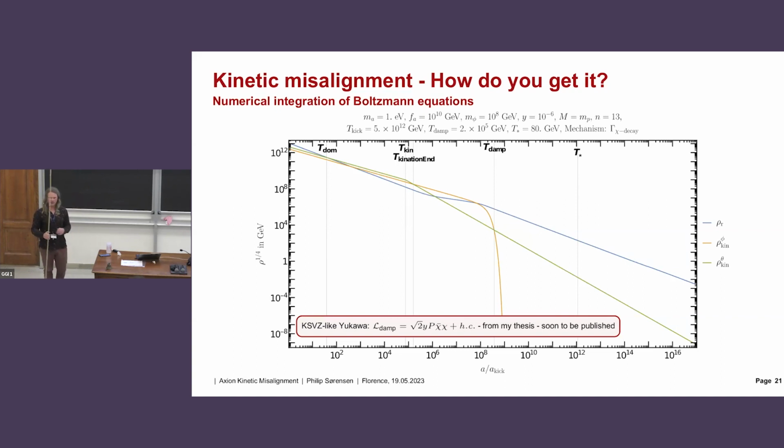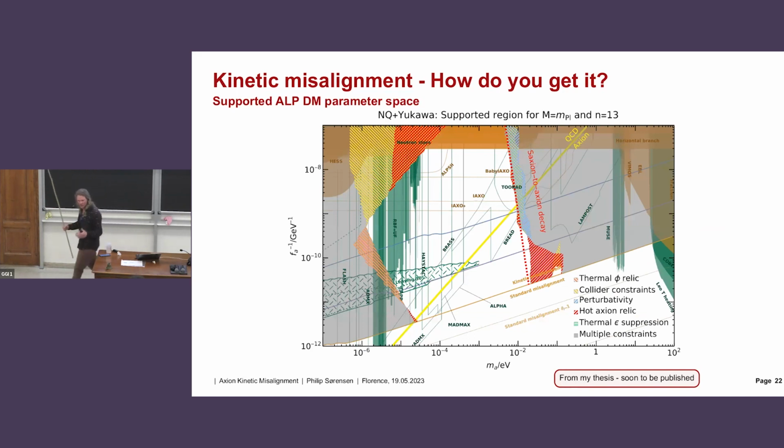This can lead to unexpected effects, but since we numerically integrate it all, we can account for these nonlinear contributions. And by integrating all this up, we can map out the part of the m_a-f_a plane for which this mechanism can provide the initial conditions for kinetic misalignment.